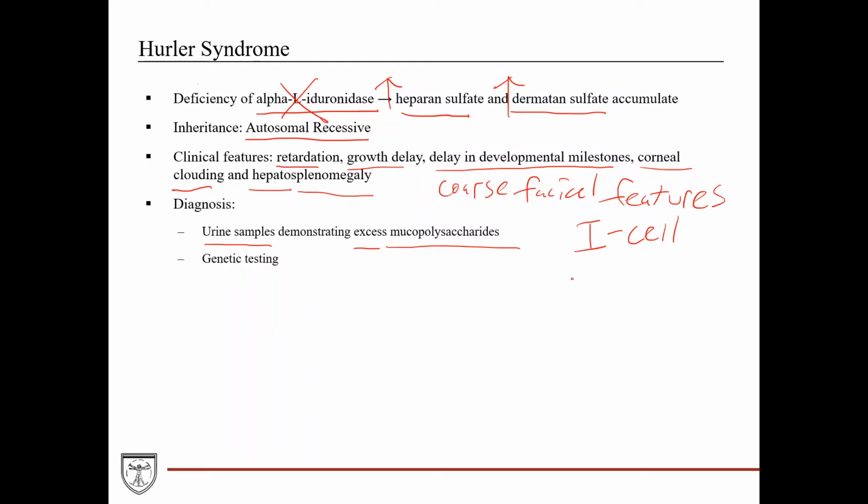Instead, they're getting exported into the extracellular space and into the bloodstream. So you're going to see increased serum levels of lysosomal enzymes. So that's how you can distinguish these two diseases apart. The other way you can definitively diagnose this disease is through genetic testing for the exact mutation.